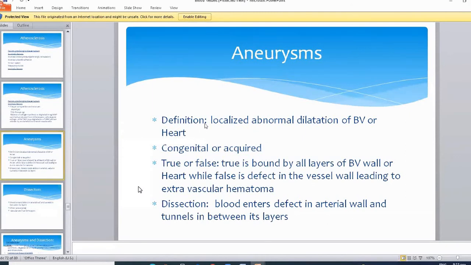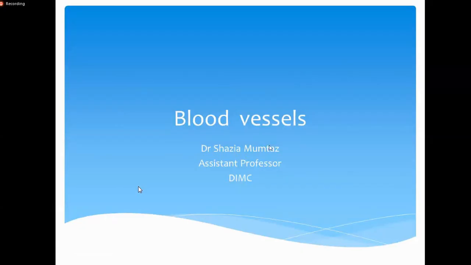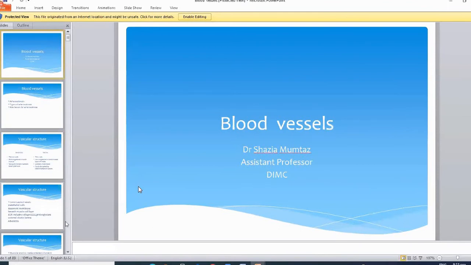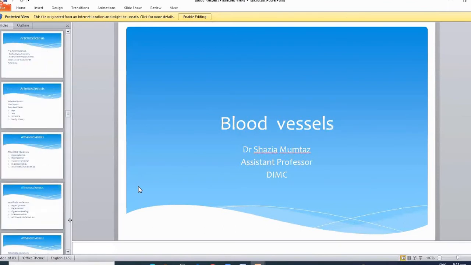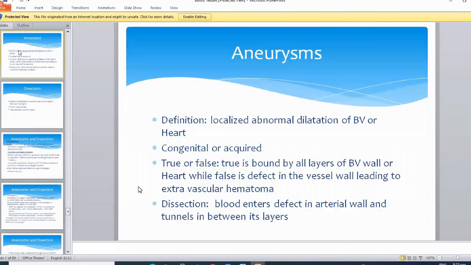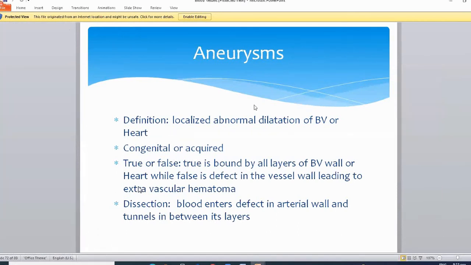Now coming to our second topic, which is aneurysms. This vasculitis topic has ended, and now we are coming to the next section.